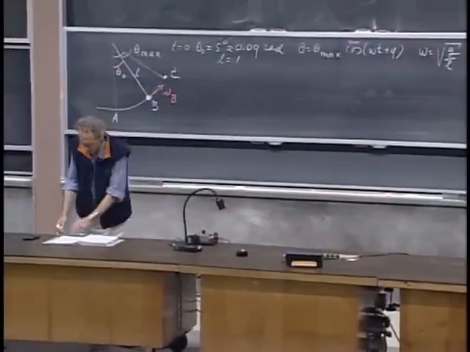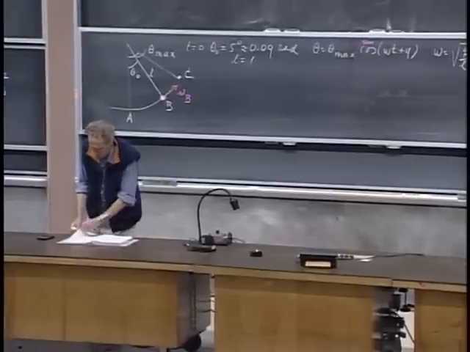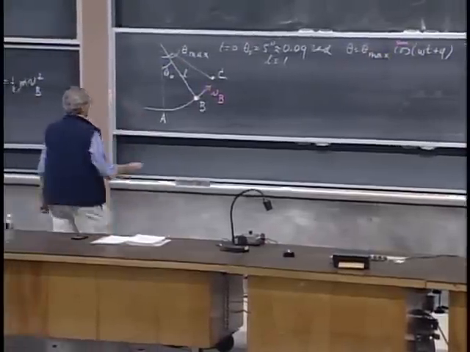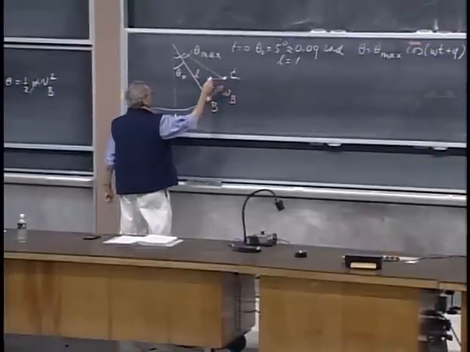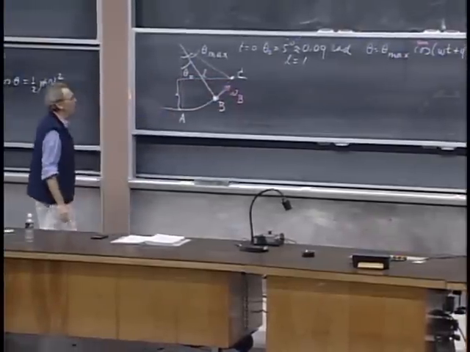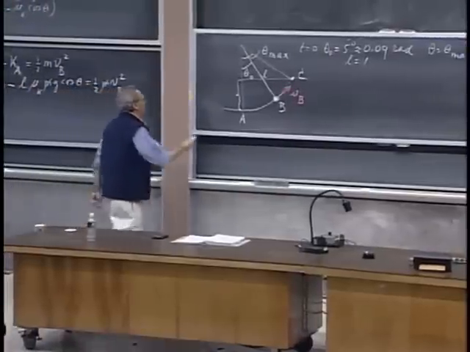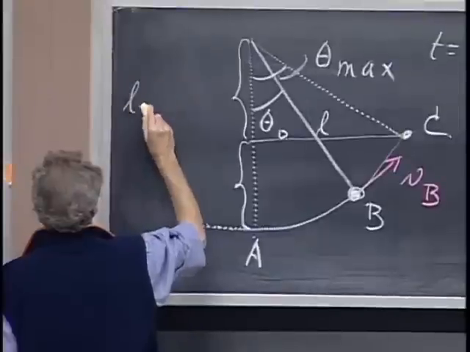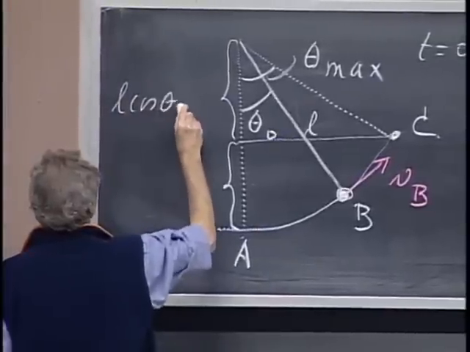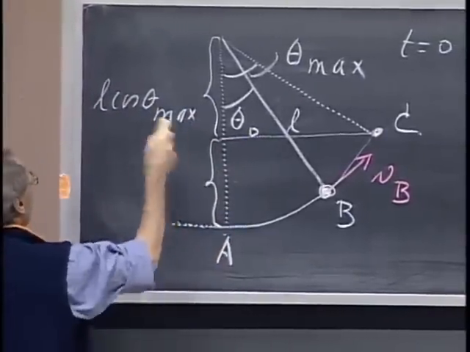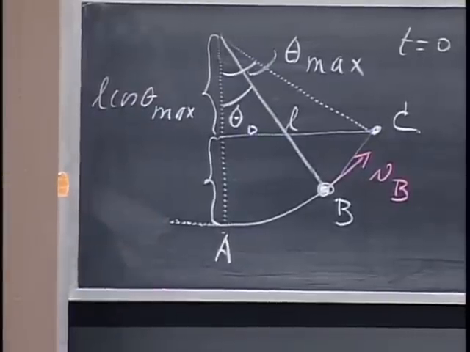And now a reasonable question is, what would be theta maximum? Well, if we knew this, then we would know what theta maximum is. Because this part here equals L times the cosine of theta max, and so this is L minus L cosine theta max.